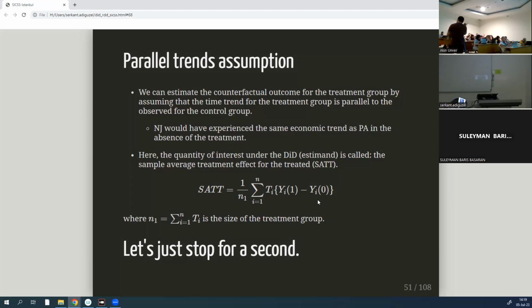Let's say technological growth is 2% in Pennsylvania, that should be similar in New Jersey. At least the trend, the difference, should be 2% as well. That's what I mean by those time varying confounders following a similar trend.